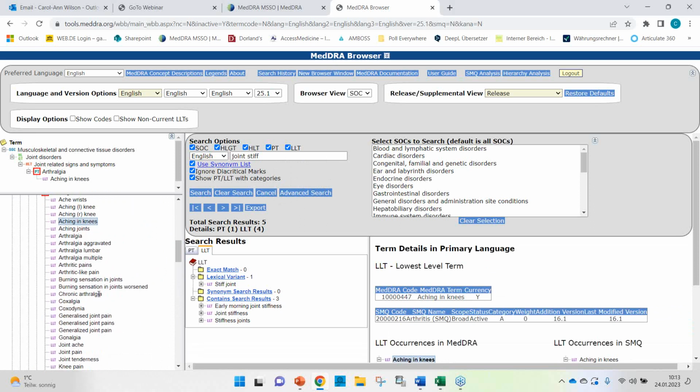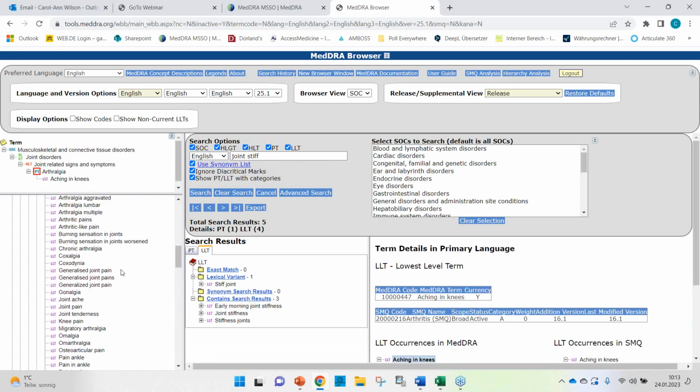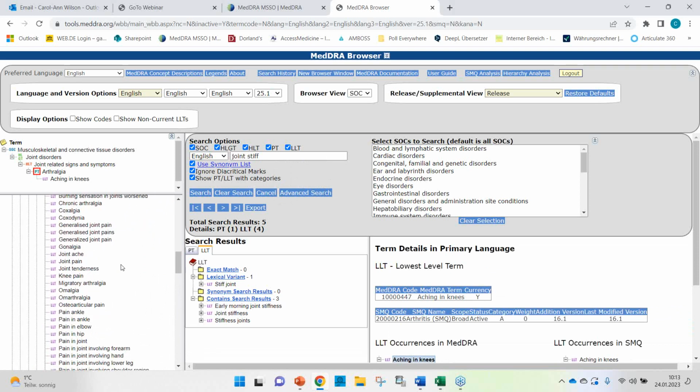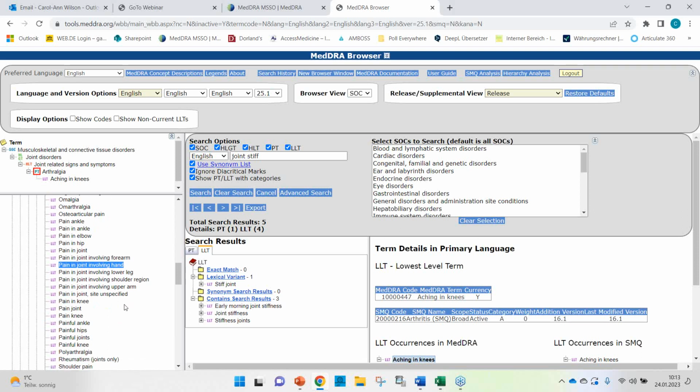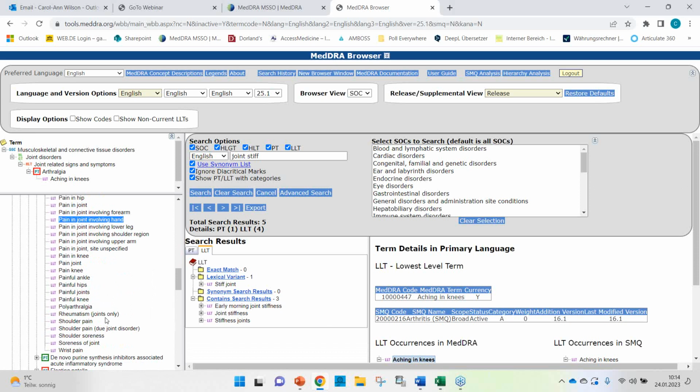And now let us look for any term that would capture the information that the finger joints were affected. And here we have the pain in joint involving hand. So this is the most specific term that we can find for the finger joint pain. There's no specific term for the fingers alone, so it's involving hand.